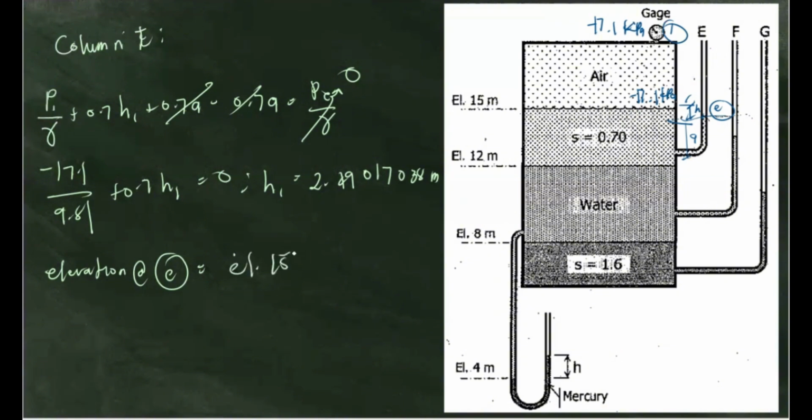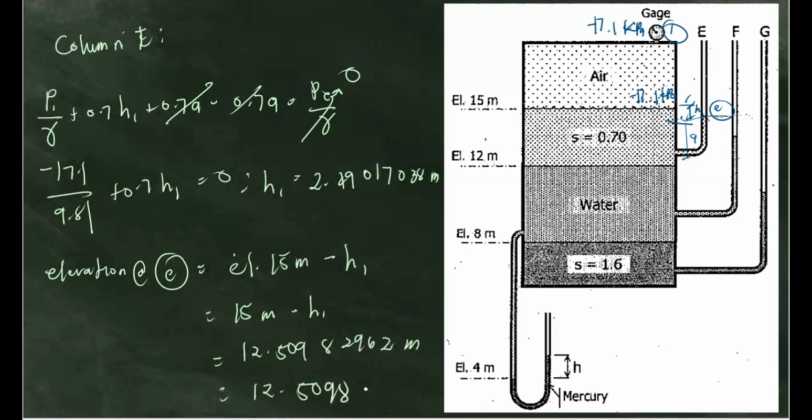Elevation na 15 meters minus H sub 1, or this will give us a value na 12.5098 meters. Okay, so yan yung ating unang elevation at point E.